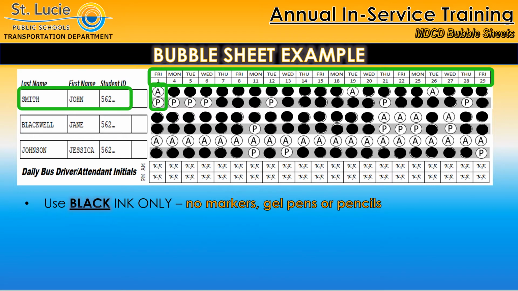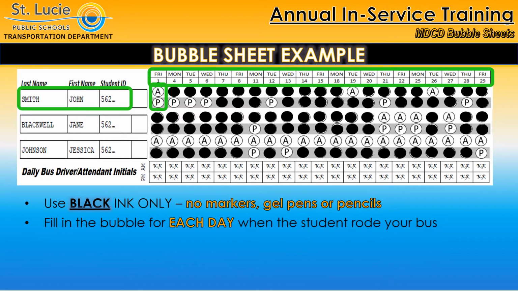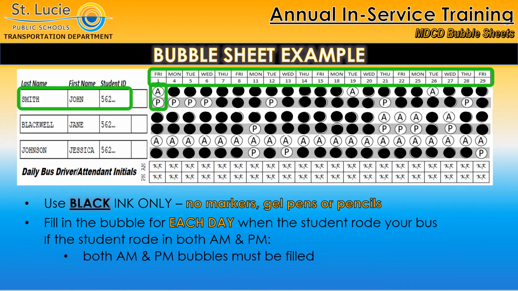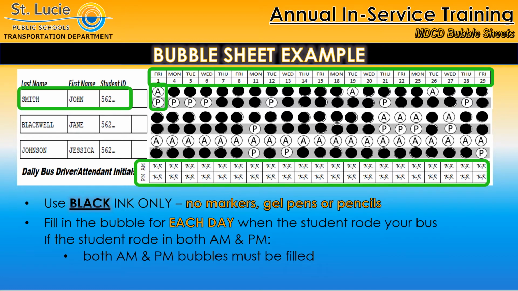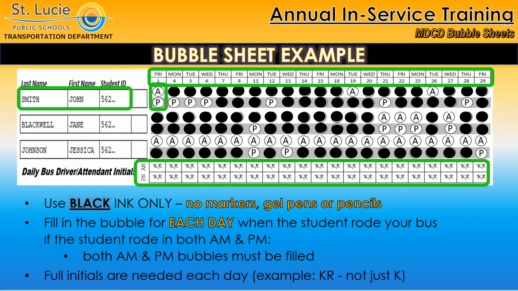Using black pen only, fill in the bubble for each day when the student rode your bus. If the student rode in both the AM and PM, both bubbles must be filled in. Then initial in the boxes below. Your full initials are needed.